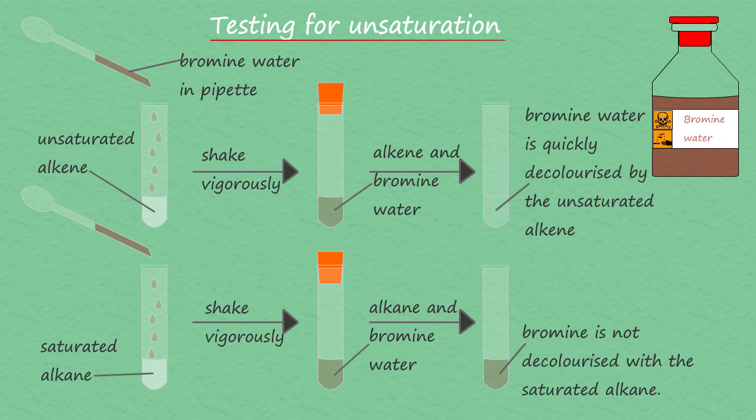The two test tubes on the left contain an unsaturated alkene and a saturated alkane. If a few drops of red-brown bromine water is added to each test tube, and then the two test tubes are shaken violently for a few seconds, then the red-brown bromine water will be decolorized by the unsaturated alkene, but the saturated alkane will not be able to decolorize the bromine water.